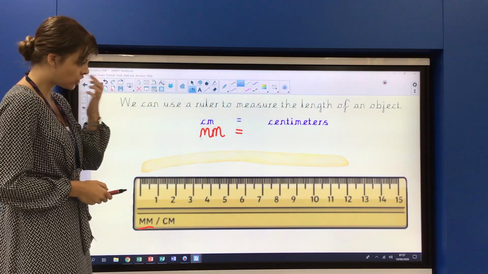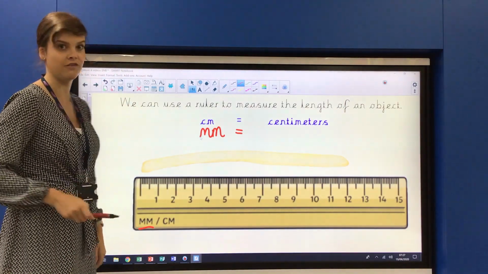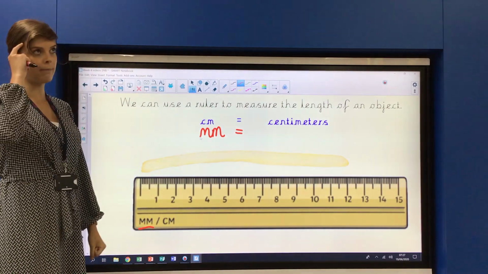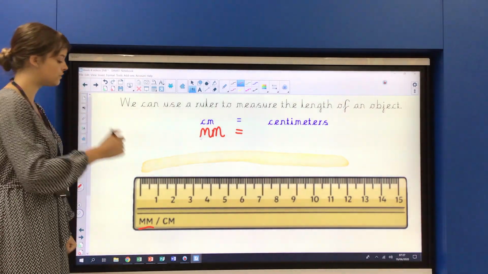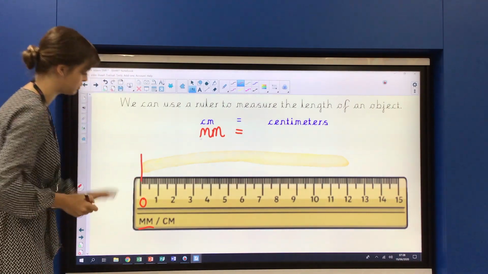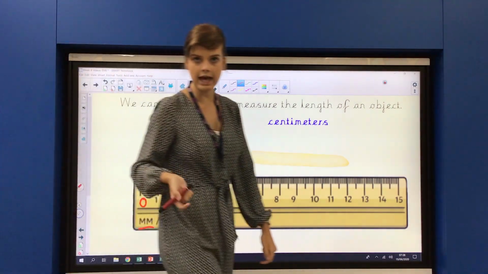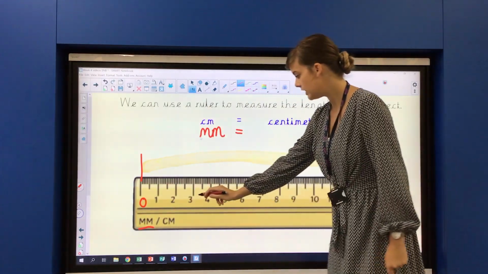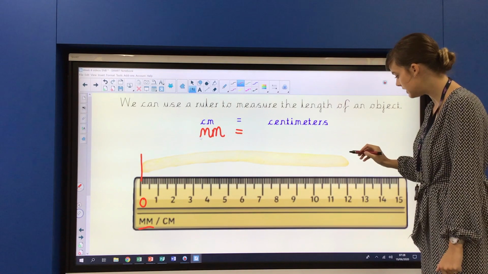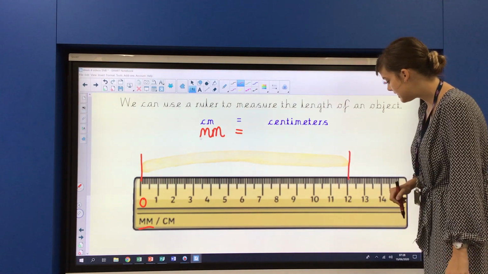So if I was to look at this chip here, now this is a very long chip, I'd be very happy if I had this in my McDonald's. I'm going to remember my ruler rules, and my ruler rules are that I always have to measure from 0 centimetres, which my chip starts at, and it ends. I'm going to follow these lines, these big numbers here that represent the centimetres, and it stops there.